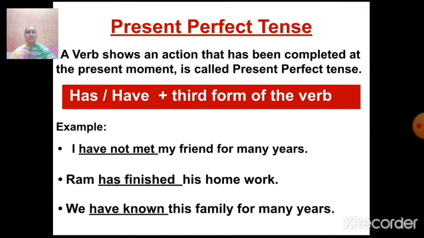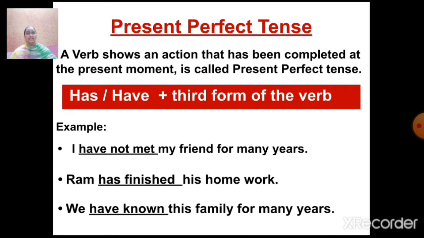Now here the formula for present perfect tense is has or have plus third form of verb. So here has we will use with singular subject and have we will use with plural subject.